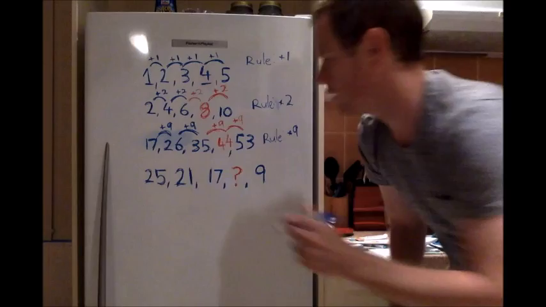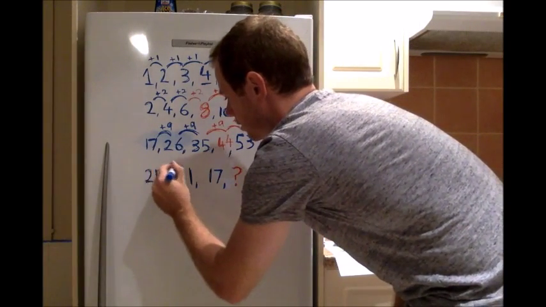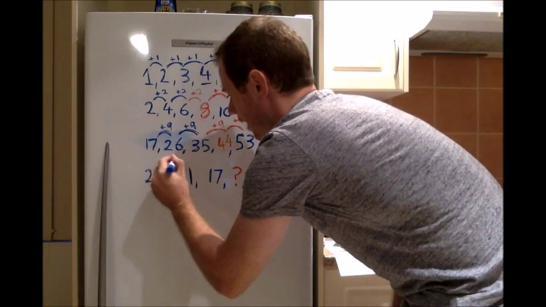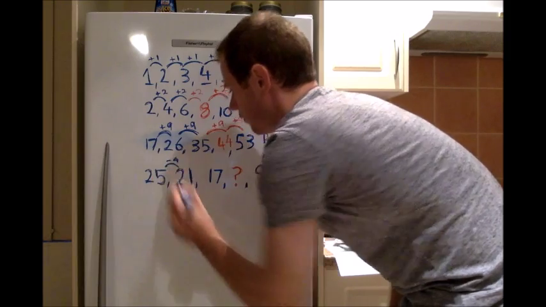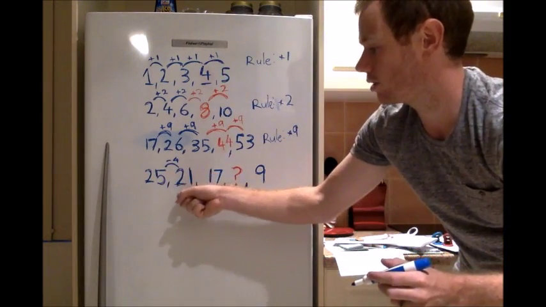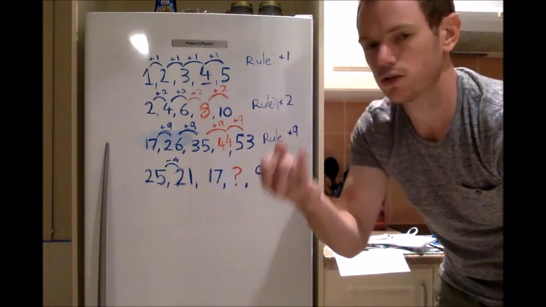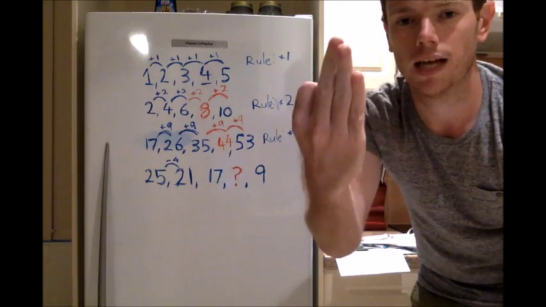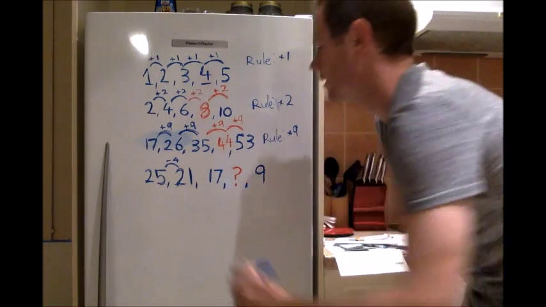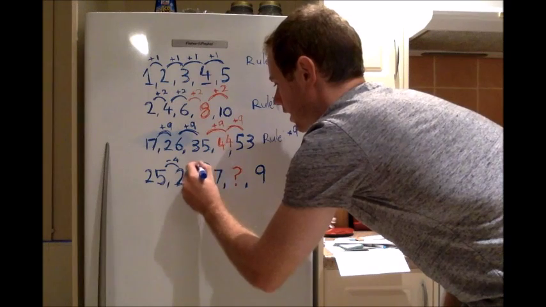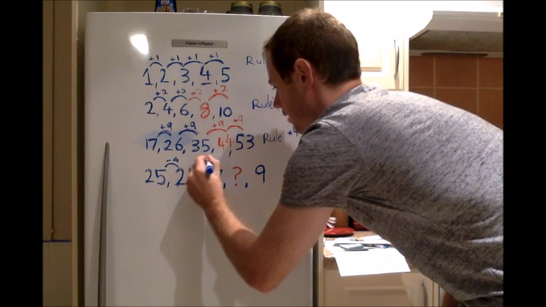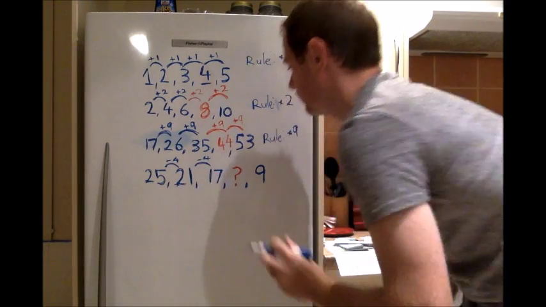I've got my 4 fingers, so I know that it's gone down by minus 4. And then let's look at it again. 21 down to 17. We go 20, 19, 18, 17. Once again, we've gone down by minus 4.